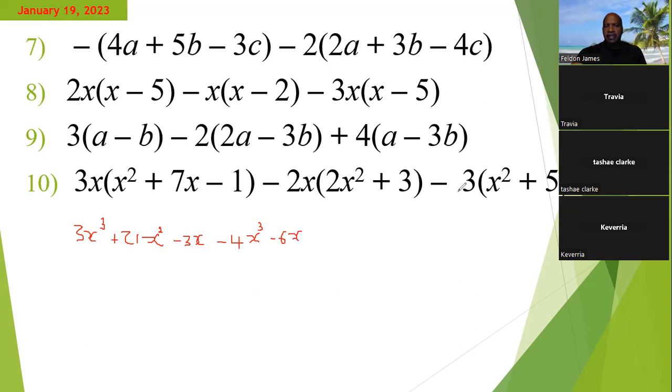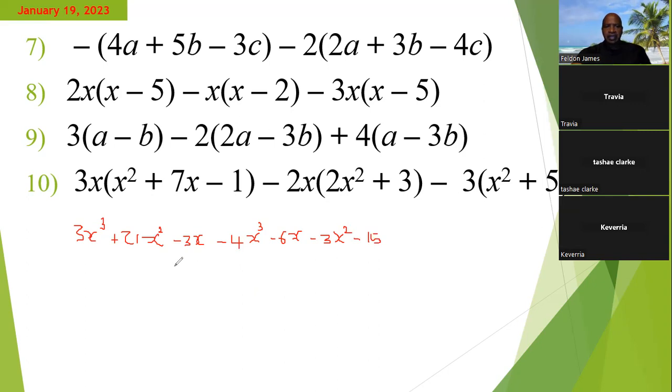For the next bracket, we have negative 3 times x squared, you get negative 3x squared. And negative 3 times positive 5, we get negative 15.